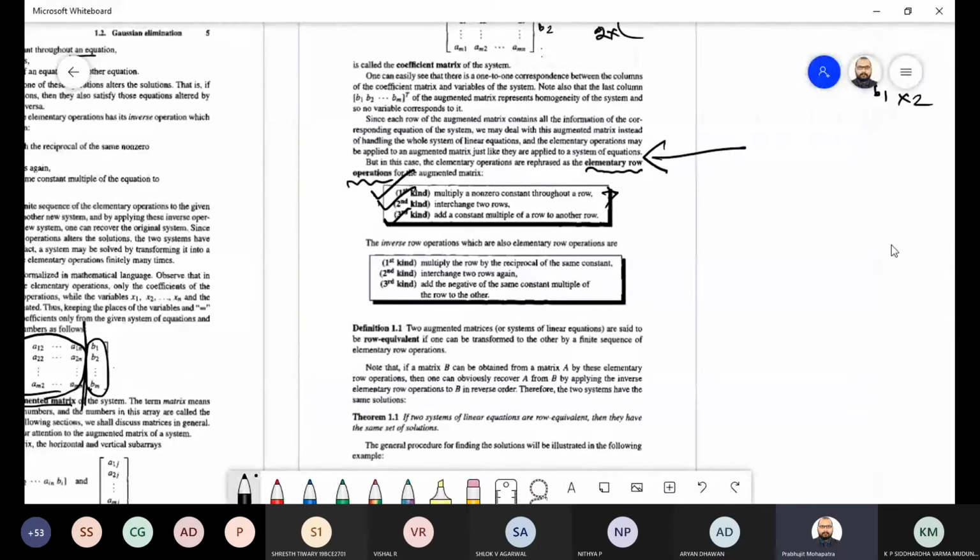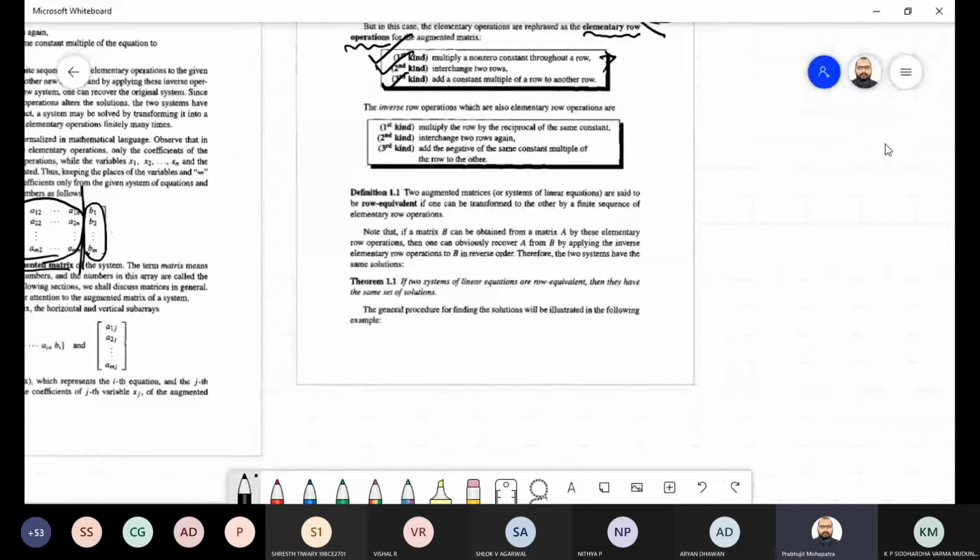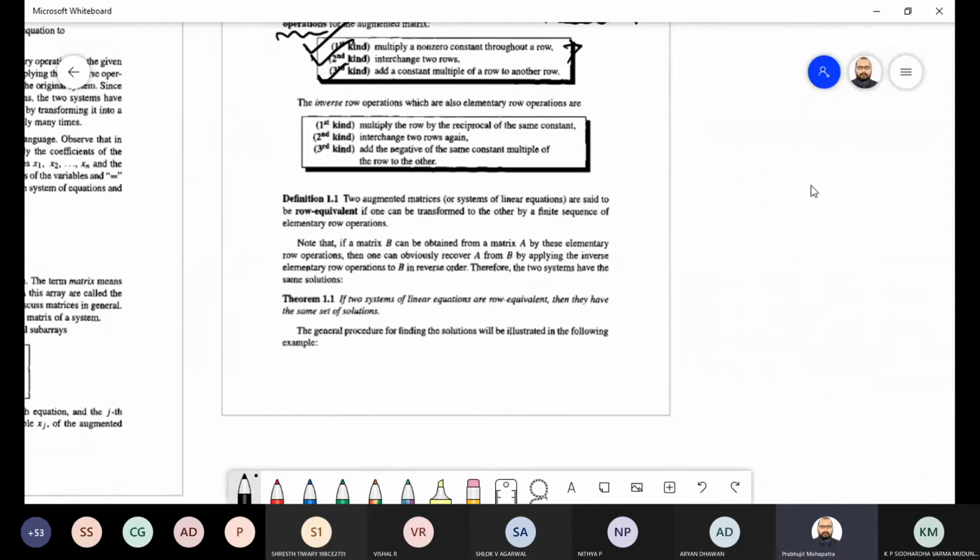There is one definition here, and you will realize it. Augmented matrix, you know what it is? When you write a system of equations in terms of a matrix, that matrix is called the augmented matrix. Two augmented matrices means two sets of equations.